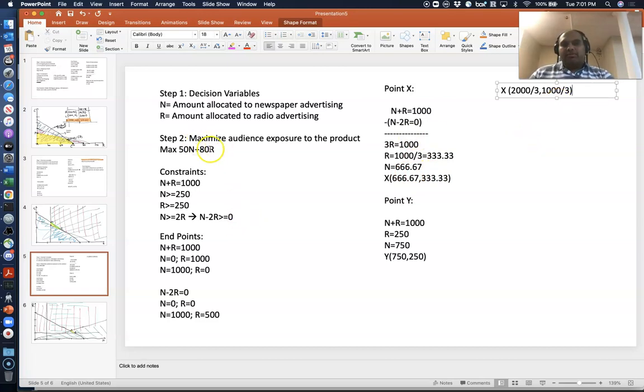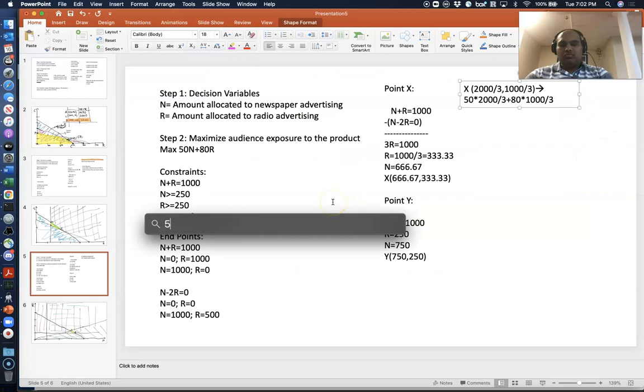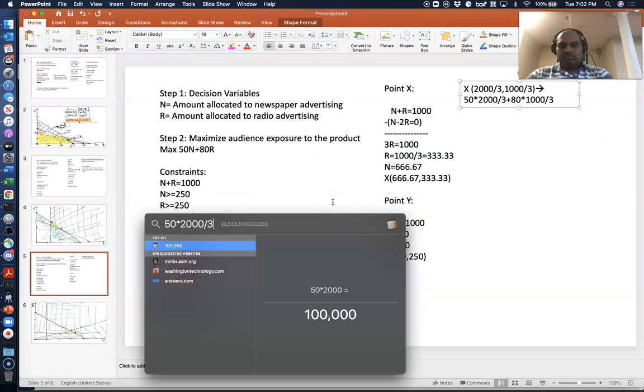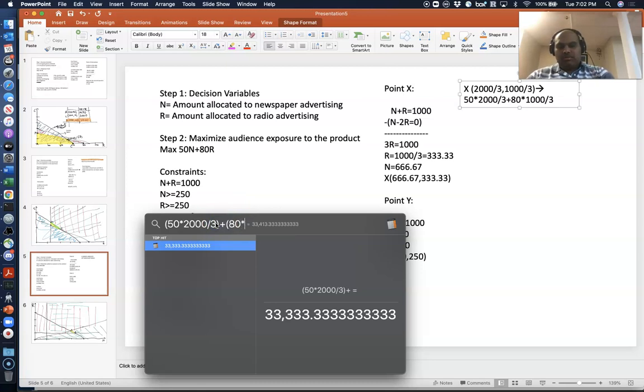And so if you plug that into the objective function, so there'll be 50 times 2000 divided by 3 plus 80 times 1000 divided by 3, and that will be, let me put a parenthesis around it just to be safe, $60,000.